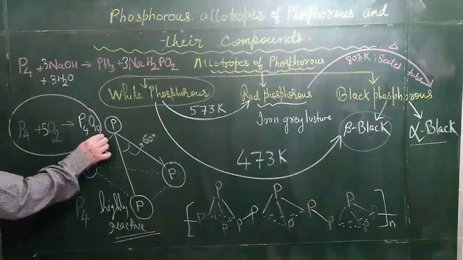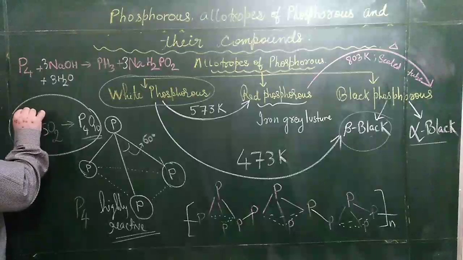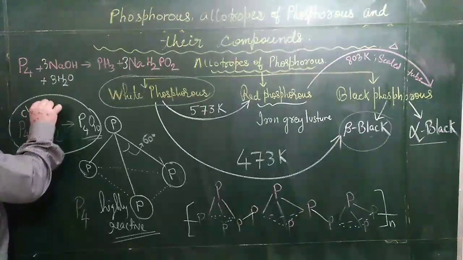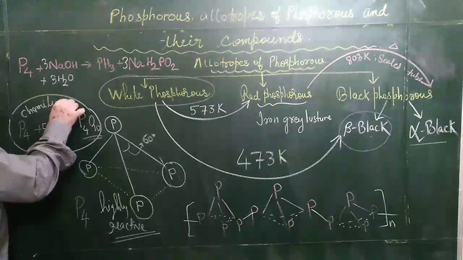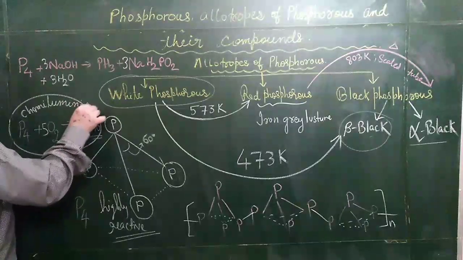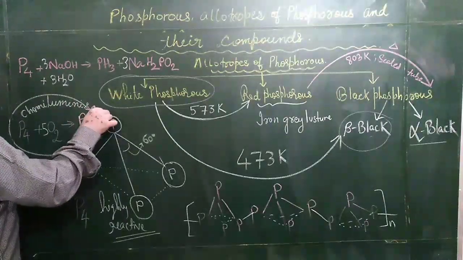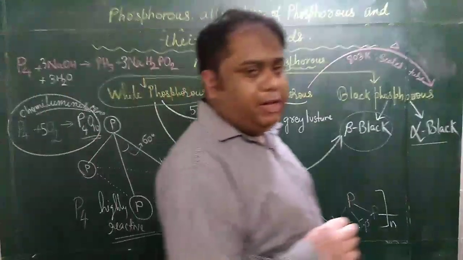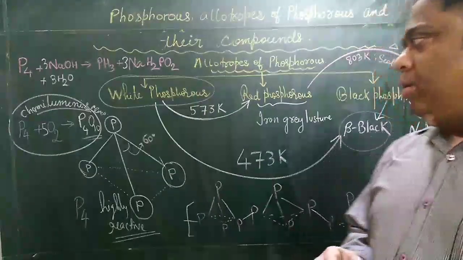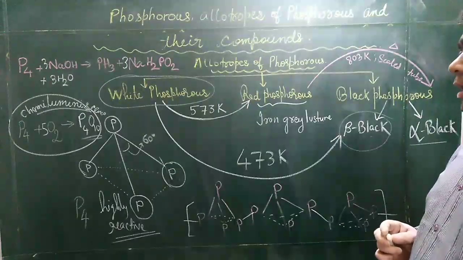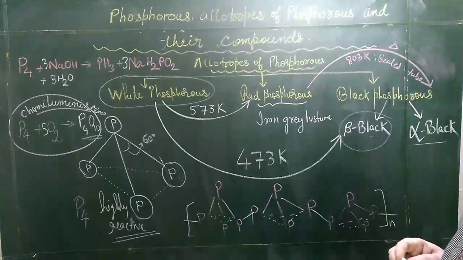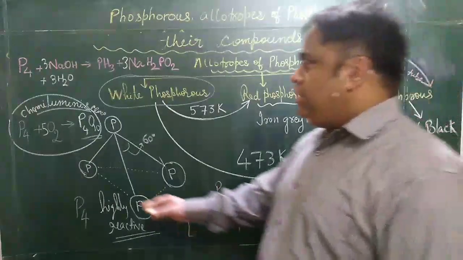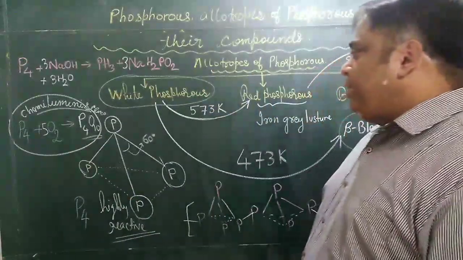When put in water, it gives chemiluminescence. Chemiluminescence means the light-giving property of any chemical. So it glows in open air because it burns to form P4O10. This is spontaneous; it takes place on its own. This is a property of phosphorus.